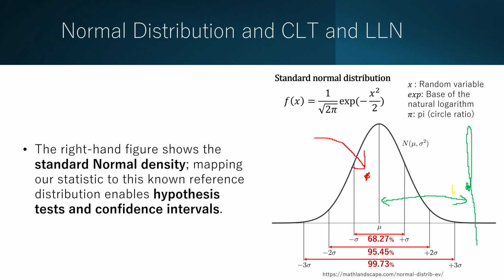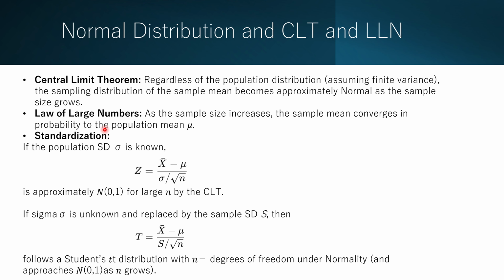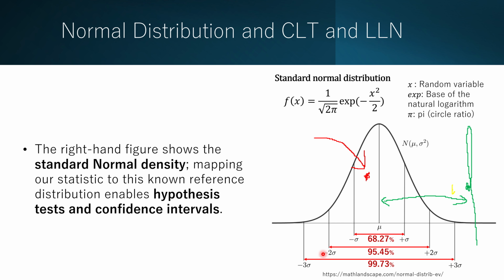Then we can test the hypothesis. So that is why the normal distribution is so central to hypothesis testing. If the data are random and sufficiently large, then we rely on the two theorems, and we can test the hypothesis using this distribution.